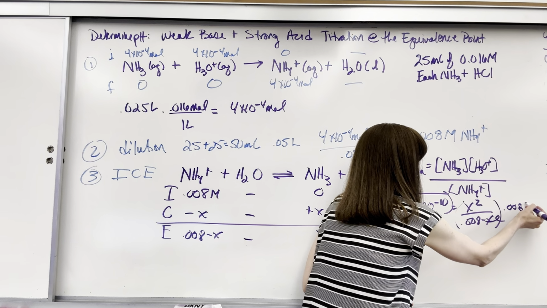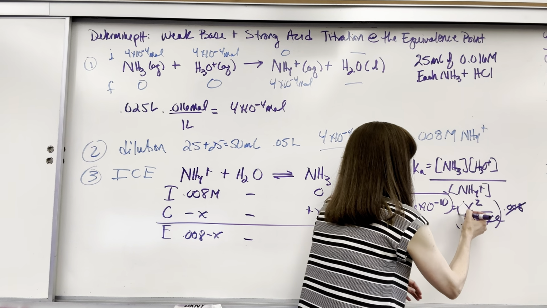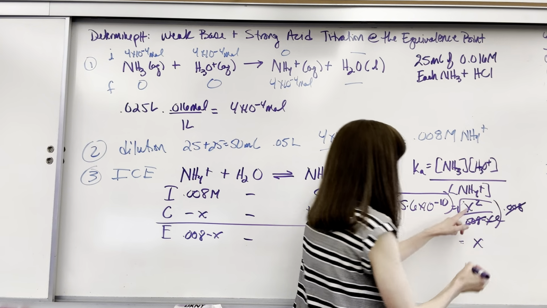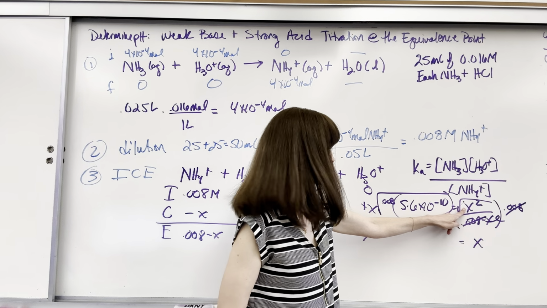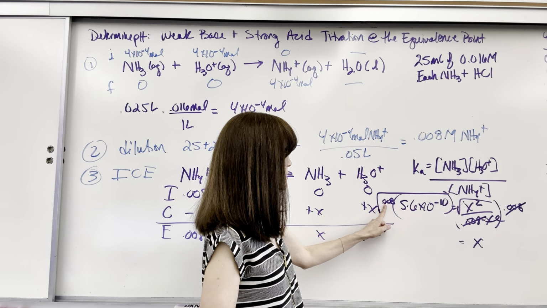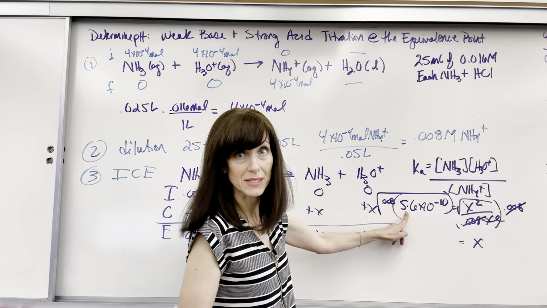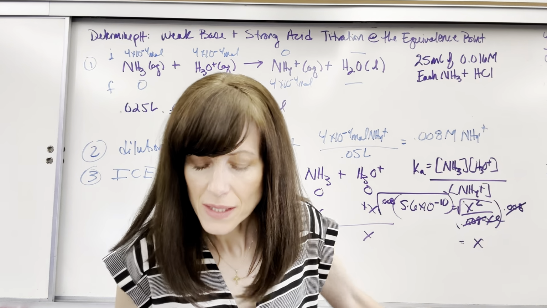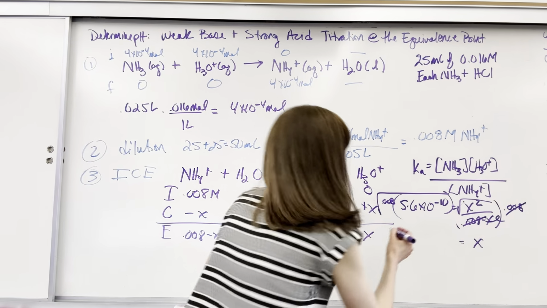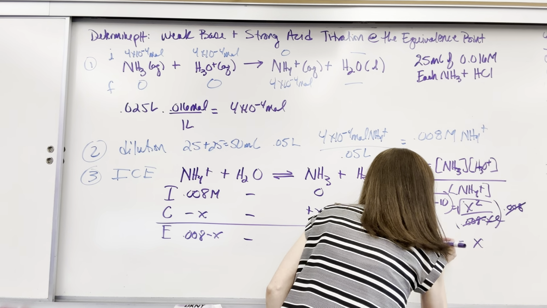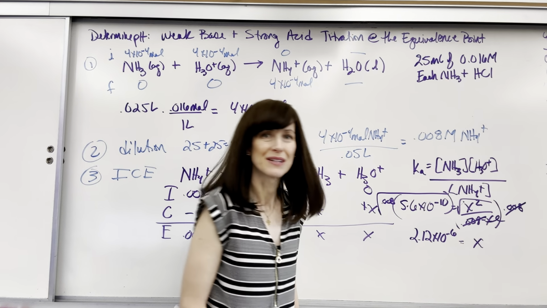So the 0.008 cancels. I can take the square root and notice I get X. There's my X. Take the square root of 0.008 times 5.6 times 10 to the minus 10, and that gives us 2.12 times 10 to the negative 6.